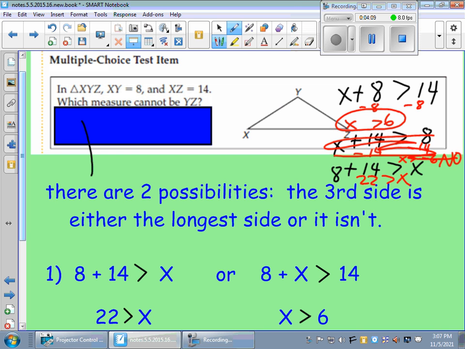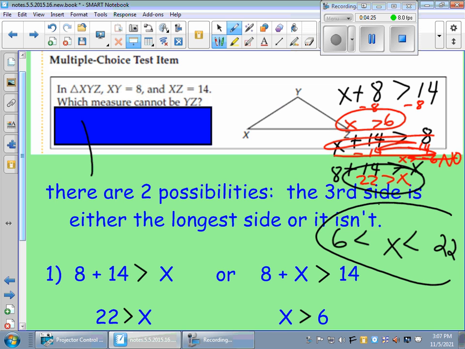So now we have two statements. You put x in the middle, the bigger number to the right and the smaller number to the left. So x has to be greater than 6, and x has to be less than 22. Any number in that range will work. If you don't believe me, test it.